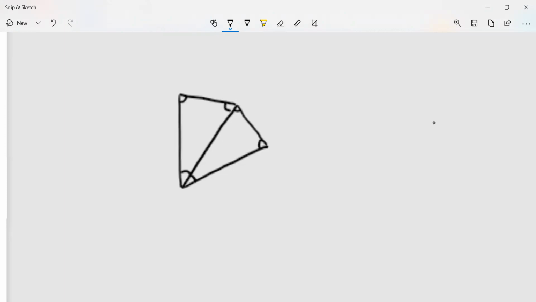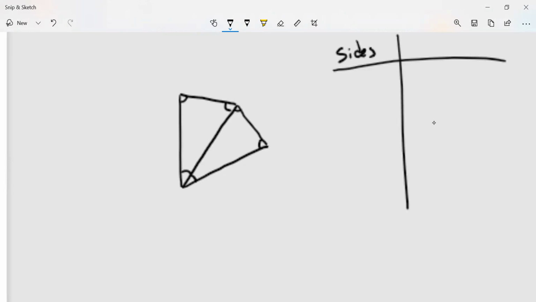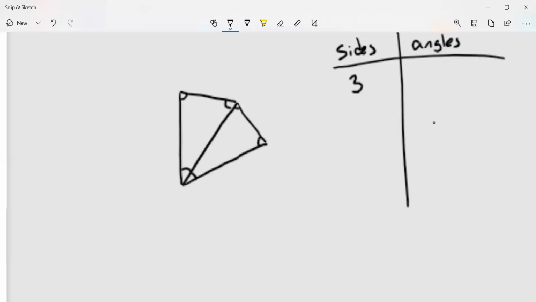So I'm going to make a list here, and then a formula for my angles. When it had three sides, it added up to 180, right? We just did that.